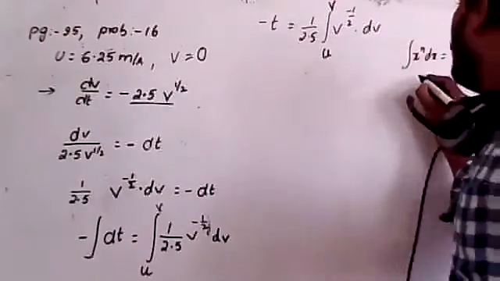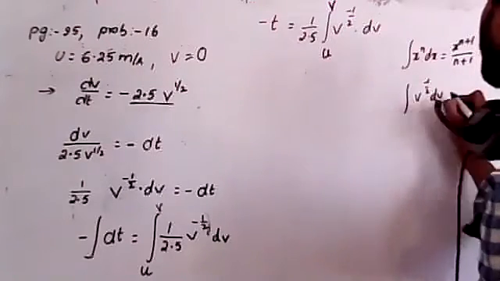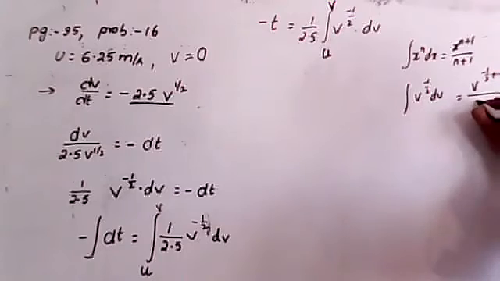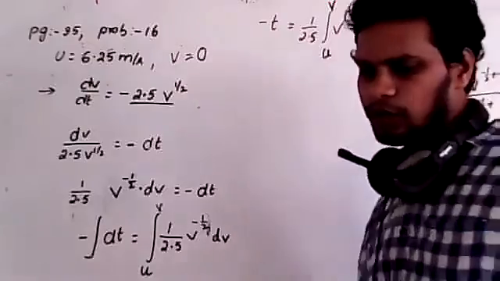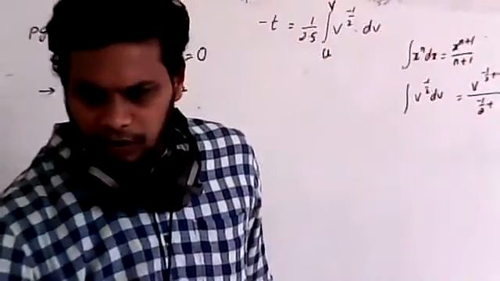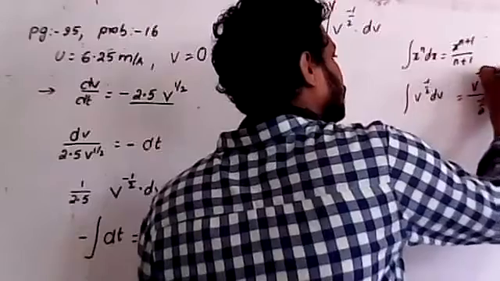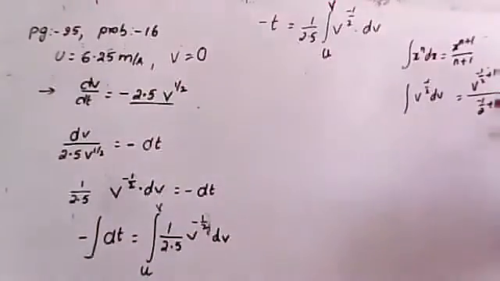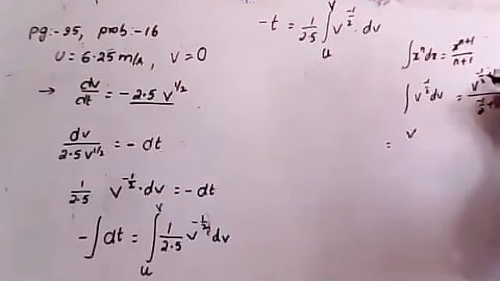Now see, if you take v power minus 1 by 2 into dv and expand it in this form, you get v power minus 1 by 2 plus 1 divided by minus 1 by 2 plus 1.